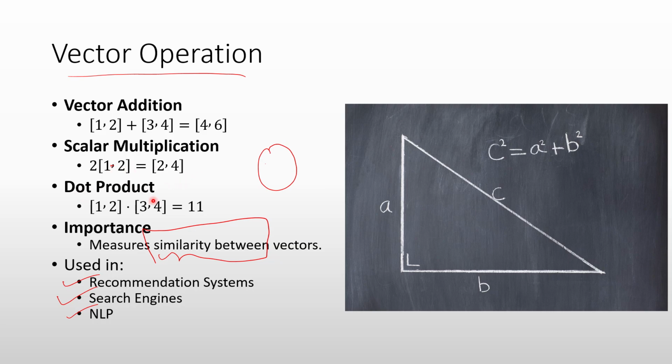Then the dot product: [1, 2] dot [3, 4] is 1 into 3 plus 2 into 4, which is 11. Vectors are used to measure the similarity between data points, mainly in recommendation systems, search engines and natural language processing.